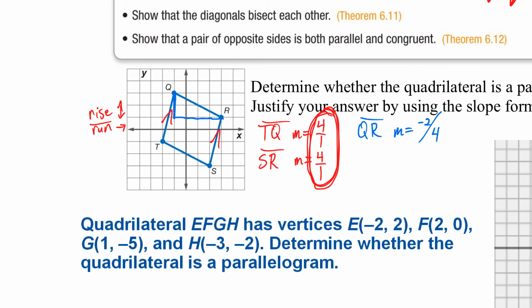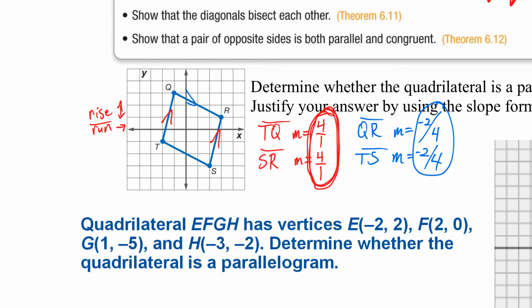We could simplify that to -1/2 if you wanted, but I'm just going to leave it like that. And then for the other side, TS, what's the slope of TS? Down 2 and then over 4, so -2/4. Are these two parallel to each other? Yes.